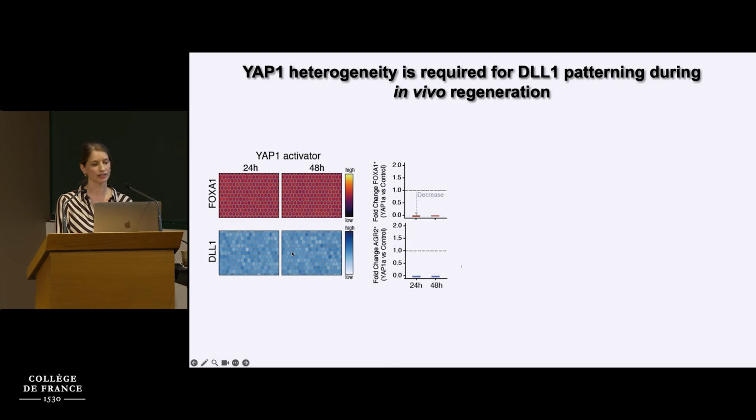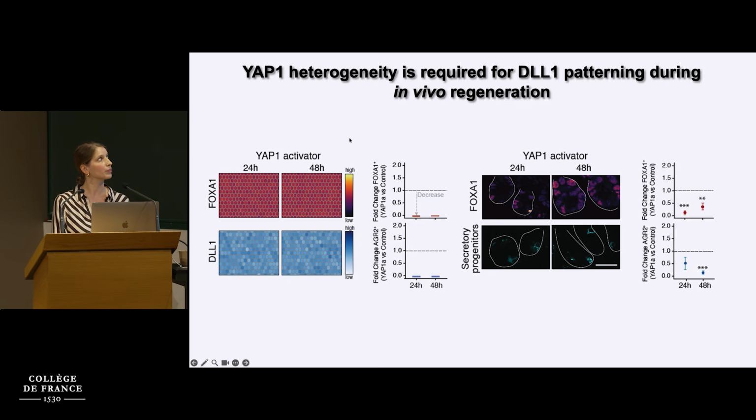Now looking at the in vivo system, where again we use a mouse irradiation system and use a LATS inhibitor, in a way to keep YAP activity high in the animal model, we indeed found that in such a case there is a dramatic decrease in the FOXA1 positive as well as delta and secretory progenitors. So this shows that indeed it's critical to have a certain level and heterogeneity of YAP also in the in vivo regenerative system.